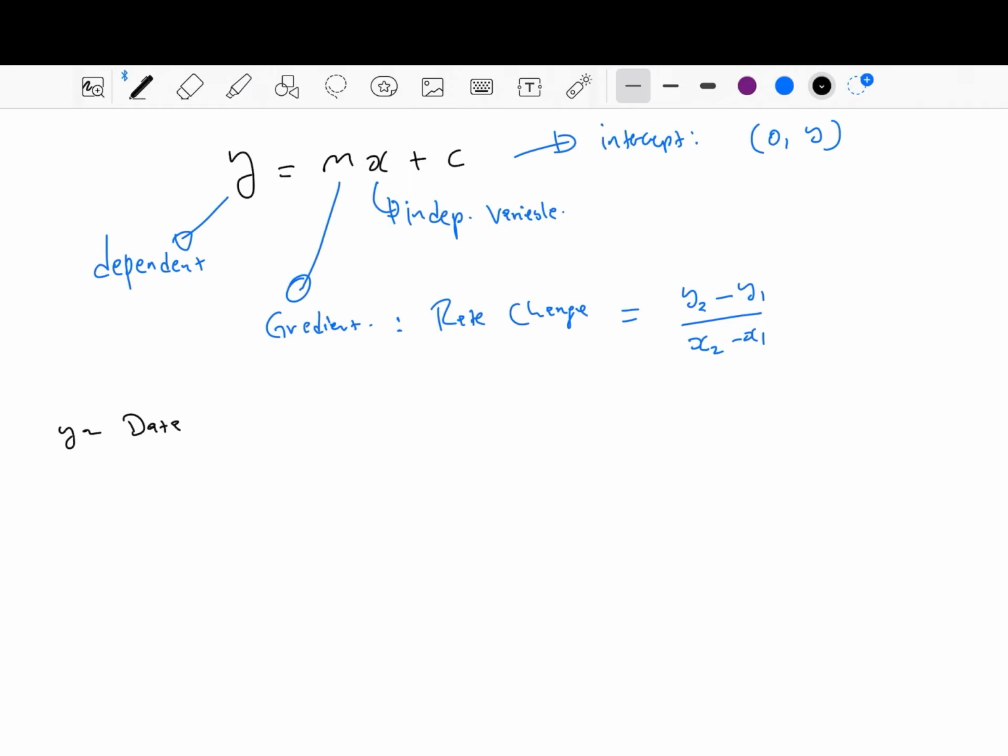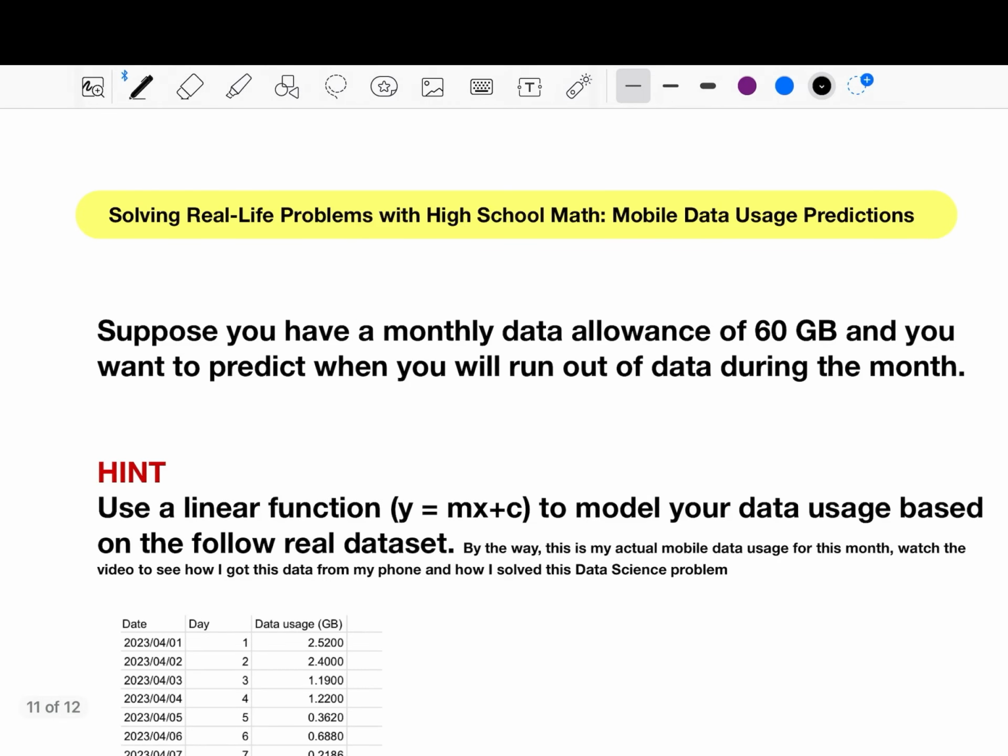This is the variable that is dependent on how much you're using your data. And what is it dependent on? It's dependent on time, so how long you're using your data, because you are trying to predict when you're going to run out of data during the month. So you're predicting when. That means you are looking at an independent variable, which in this case is time.